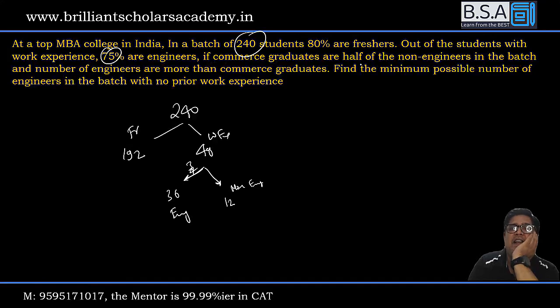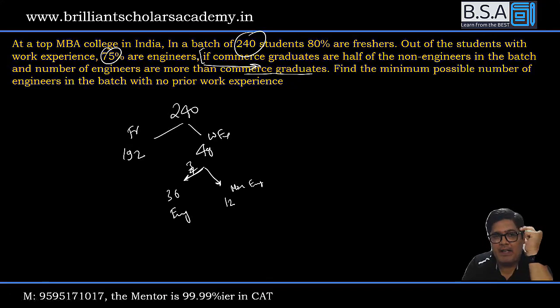If commerce graduates are half of non-engineers in the batch and number of engineers are more than commerce graduate. यहाँ पर जो बात हो रही है ये टोटल लोगों की हो रही है और इससे पहले जो बात हो रही थी वो वर्क एक्स वालों की हो रही थी.